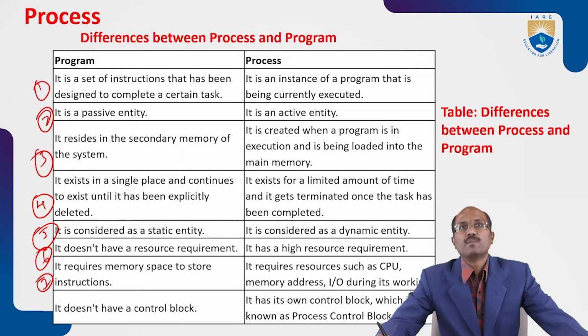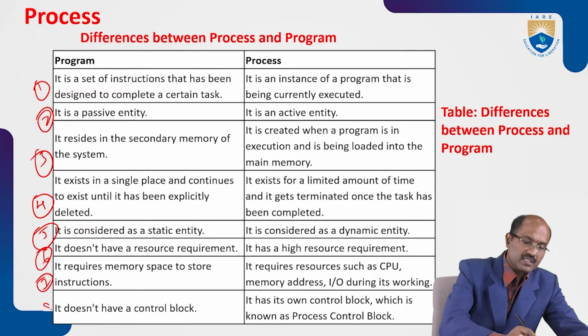A process inside the main memory depends upon resources like CPU, memory and input output. These are the primary resources. That's why a process completely depends upon resources, but a program depends upon memory space only. This is the main difference.